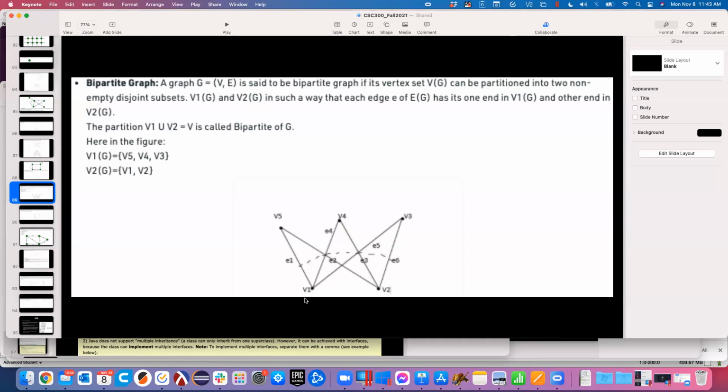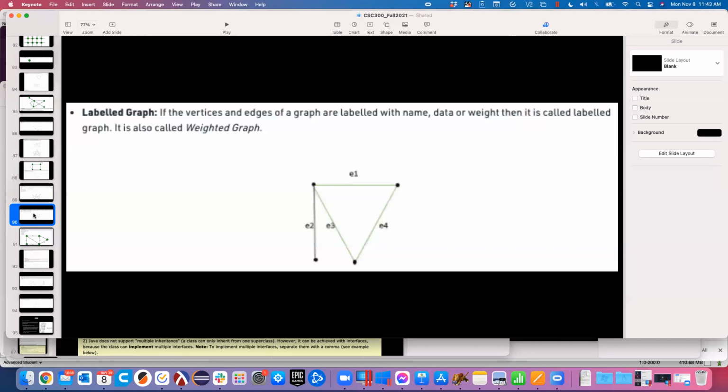So we can subdivide our graph where some of the vertices are in one half, some of the vertices are in the other half, and all the edges go between the 2 halves. Not something we're going to be looking at, but it does exist.